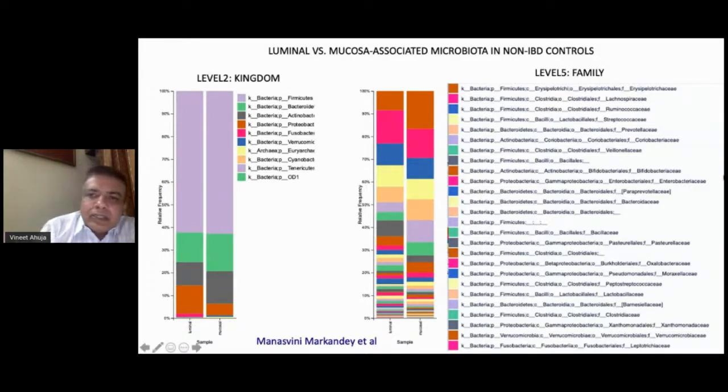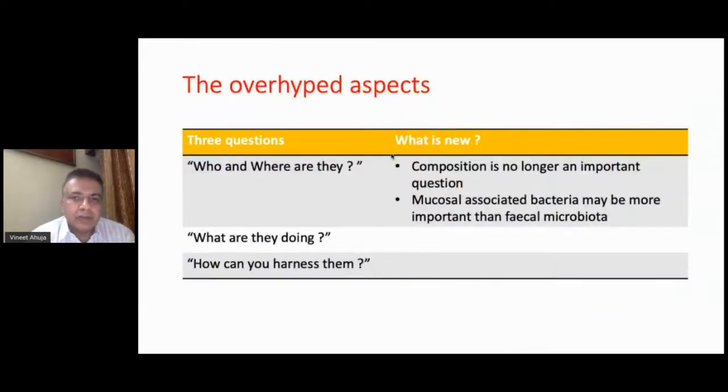In other words, you will find some bacteria which are much more common in mucosal microbiota and some bacteria which are more common in the fecal microbiota, establishing that those are two parallel streams. It is not the same stream. They are two parallel streams, and they may be having a parallel function also.